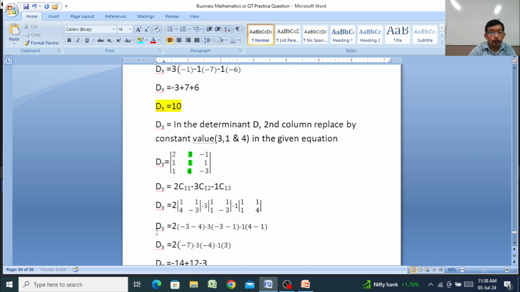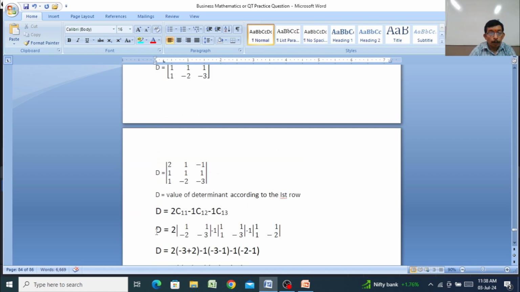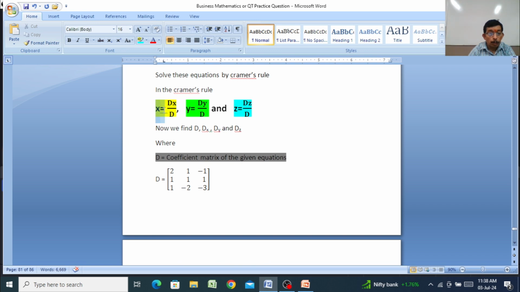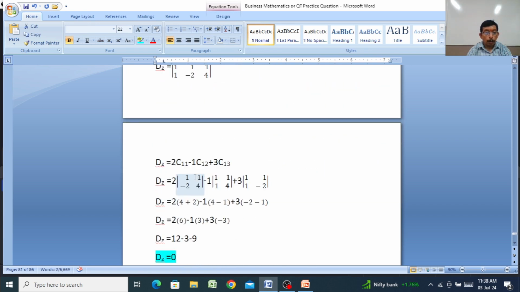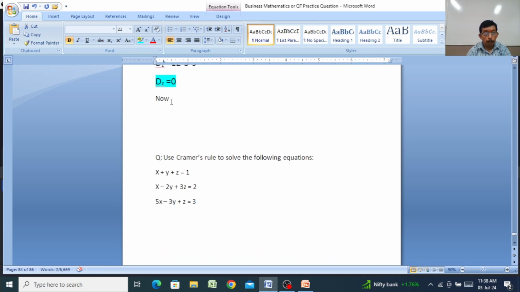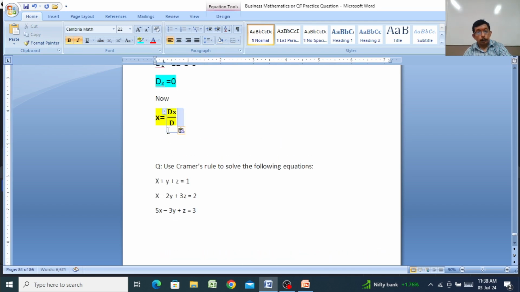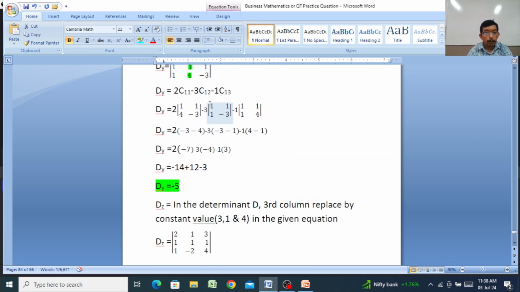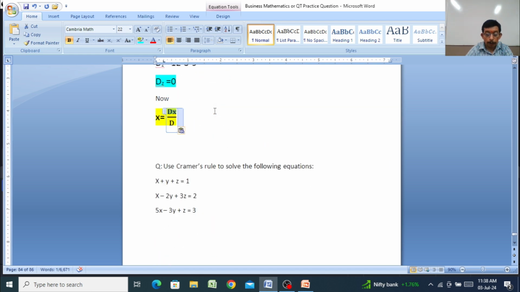X is equal to dx upon d. The value of dx is, what is the value of dx? 10. Note down 10 in the next step.